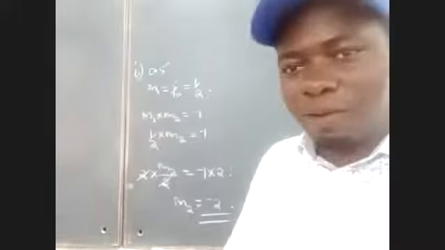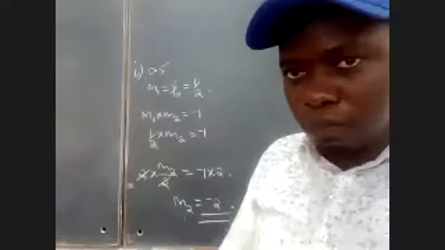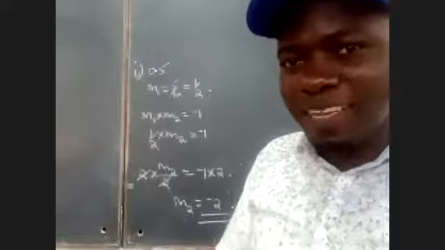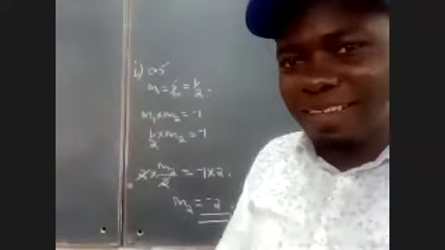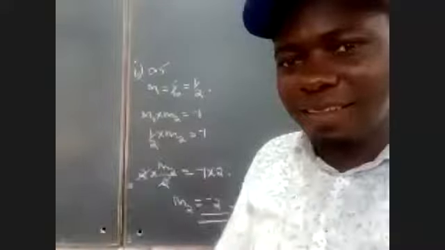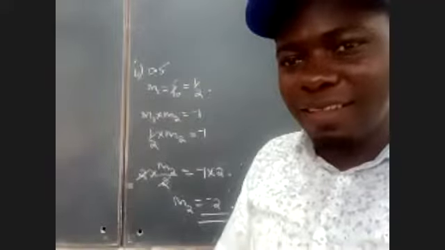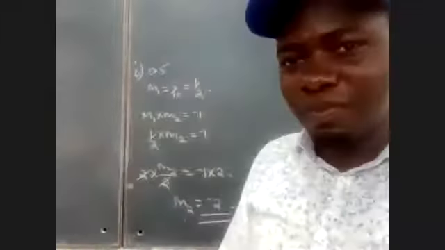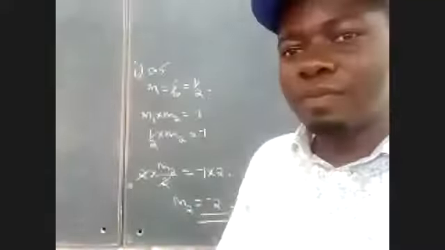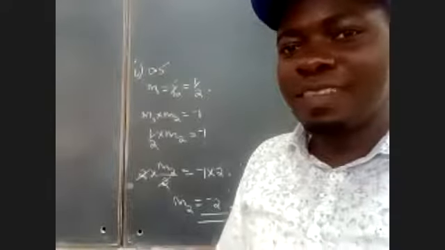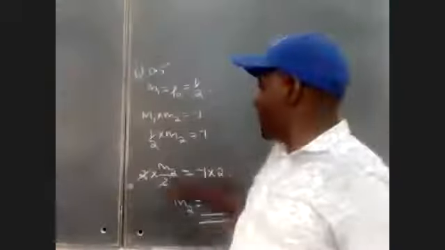Mr. Matumbo, there is Daniela. Daniela, Akero. Teacher, I don't know how to find the second gradient. You don't know how to find the second? No. Okay, what I've said is exactly what we have been doing here.